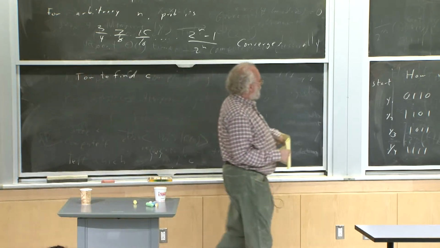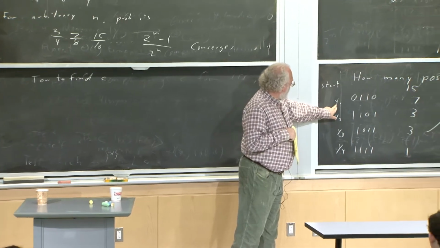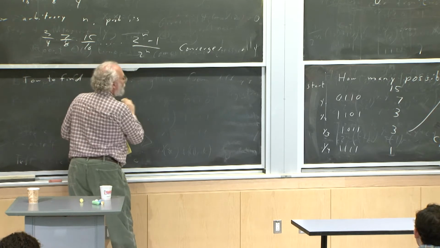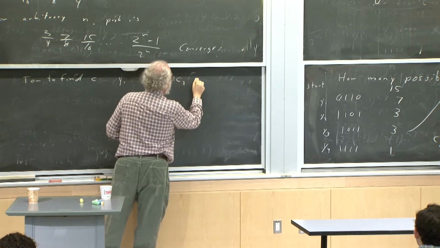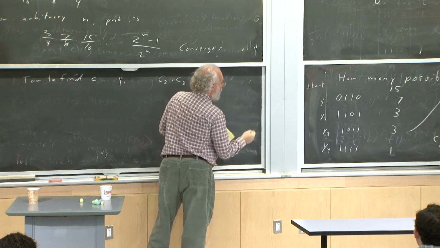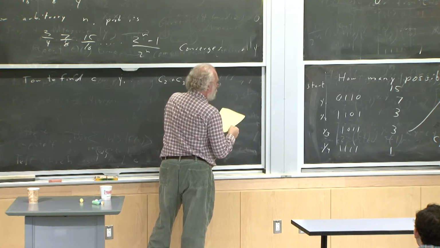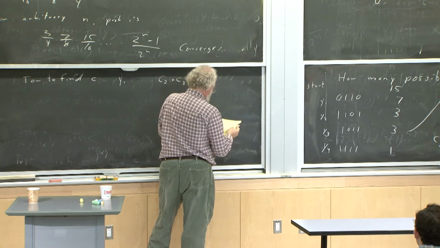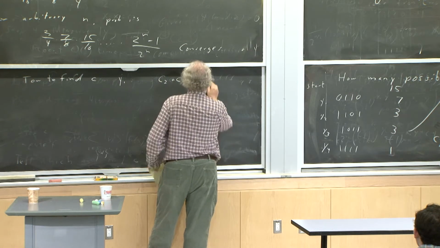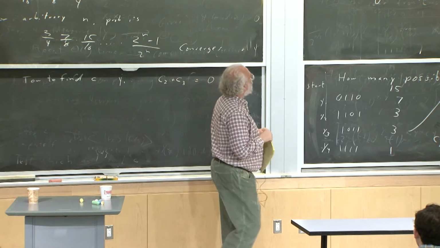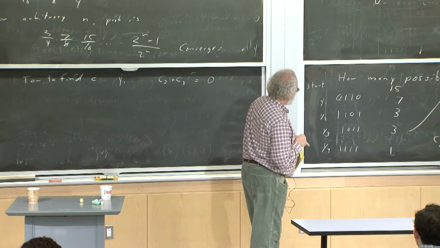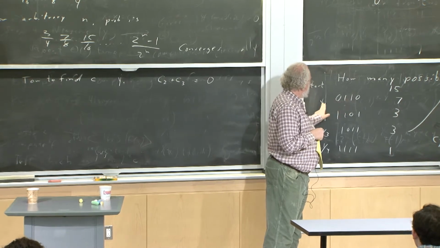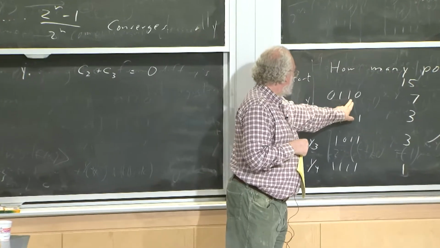Well, we know C dot y1 is 0. What does that mean? y1 tells us that C2 plus C3 equals 0, because y1 dot C is just C2 plus C3.